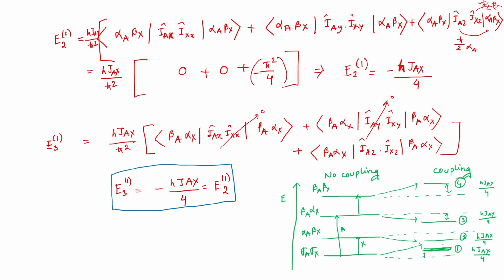So actually the net change is addition of this, so there is h Jx by 2 in energy terms.